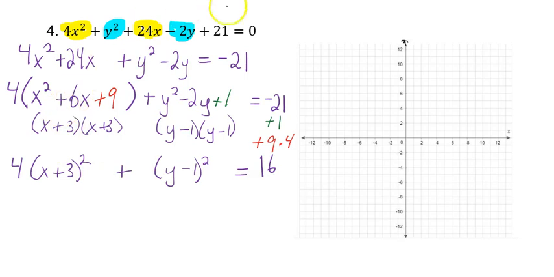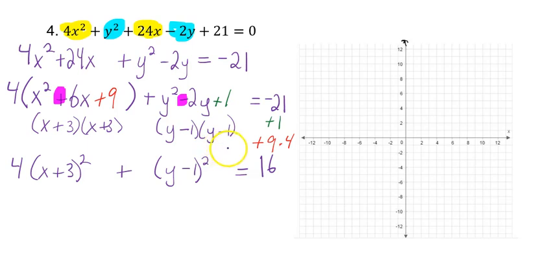It's always going to have the sign that is here in the middle. And it's always going to be half of that number before I squared it. So half of 6 is 3, half of 2 is 1. It's always going to work out that way. But if you need to write out your factoring to come up with that, that is fine.